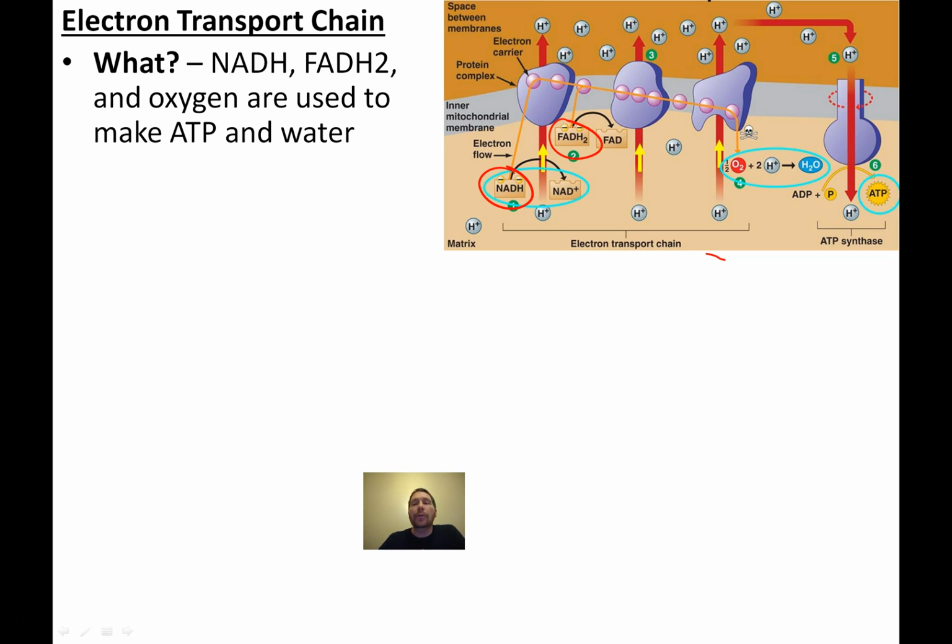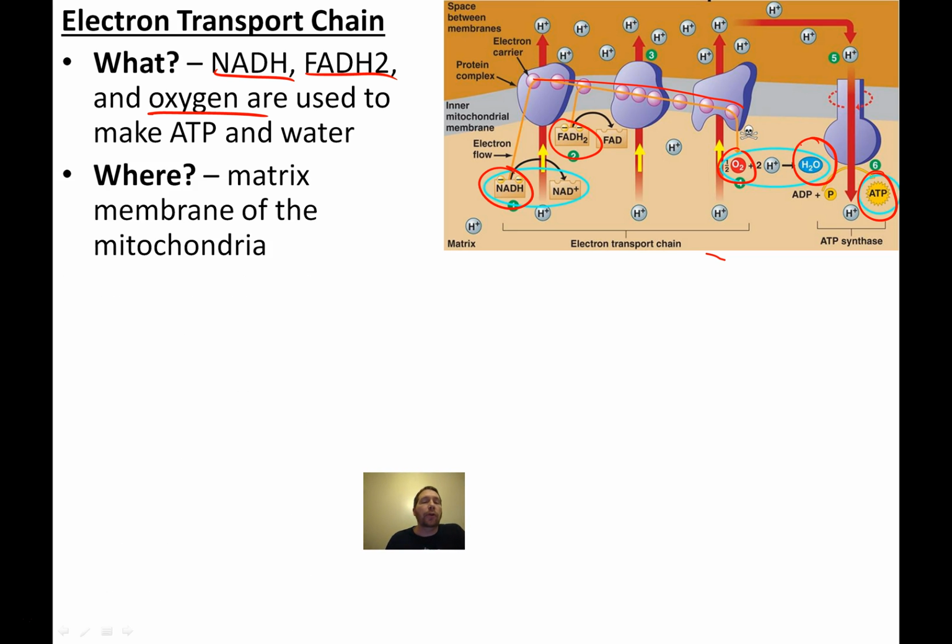And the energy from these molecules is going to be used to move electrons, and the movement of these electrons is ultimately going to result in the production of ATP. So we use NADH and we use FADH2. We also use oxygen. See right there where we got oxygen? Oxygen is required for the electron transport chain to happen. We're going to use these three things, and we're going to make ATP, and we're also going to make some water out of the deal. So that's the electron transport chain for you.